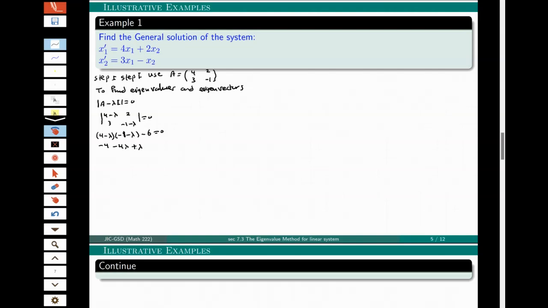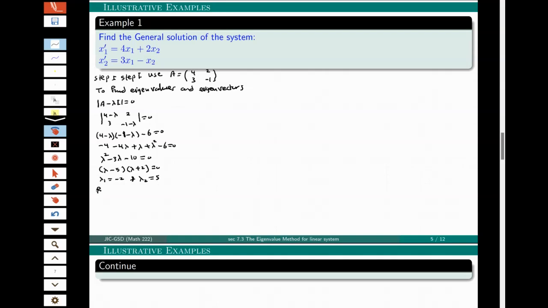Minus lambda times minus 1 is plus lambda, and minus lambda times minus lambda is lambda squared, which gives lambda squared minus 3 lambda. We should not forget minus 6, so minus 10 equal to 0. When we factor this, we get lambda minus 5 times lambda plus 2 equal to 0. So our first eigenvalue is minus 2, and our second eigenvalue is 5.